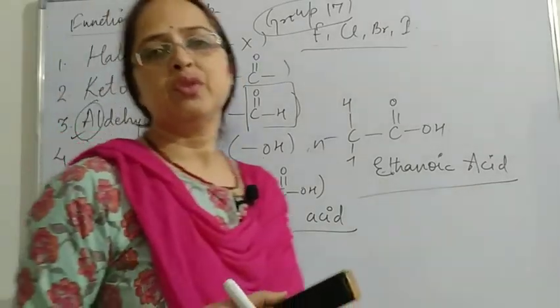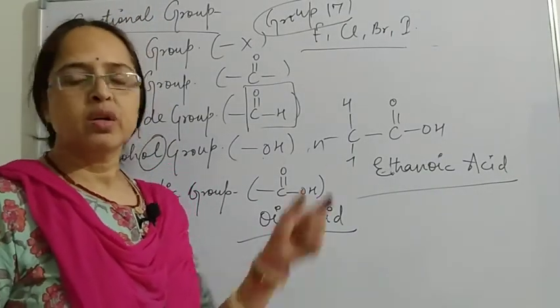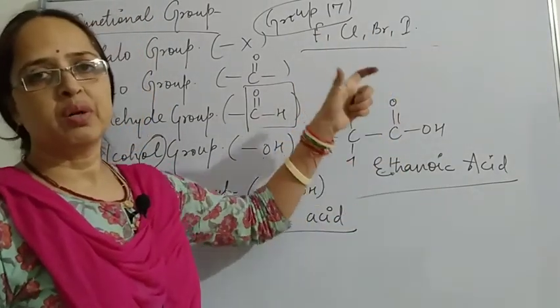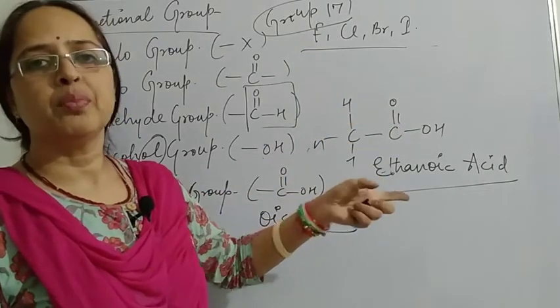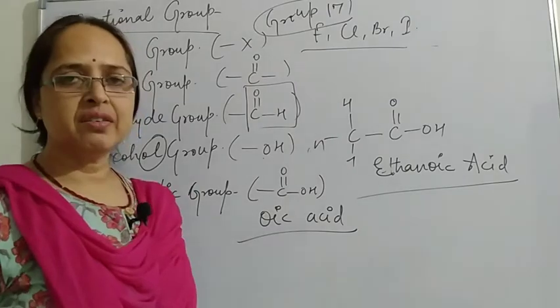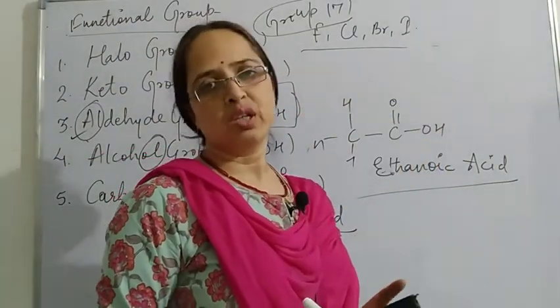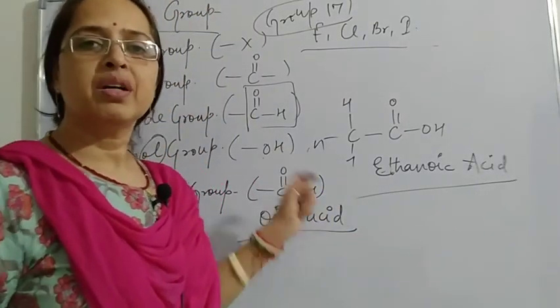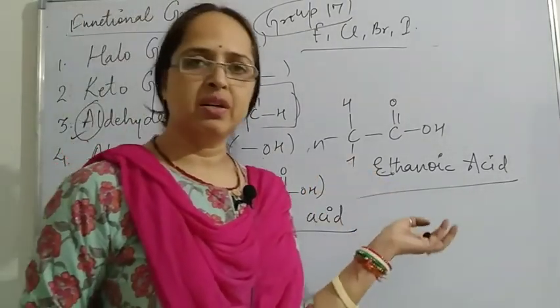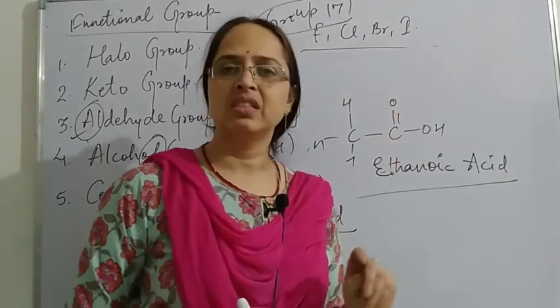One thing you have to remember: when we talk about the functional group, if we talk about the series methane, ethane, propane, butane, pentane, hexane, heptane, octane, and if the series consists of only one functional group, then their physical properties may vary, but the chemical properties remain the same.